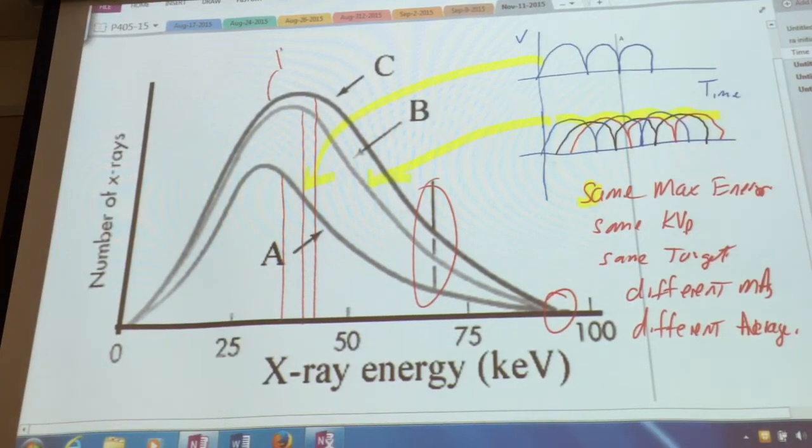Let's say that this is high frequency. Let's say that this is three-phase. Full wave. This is single phase.